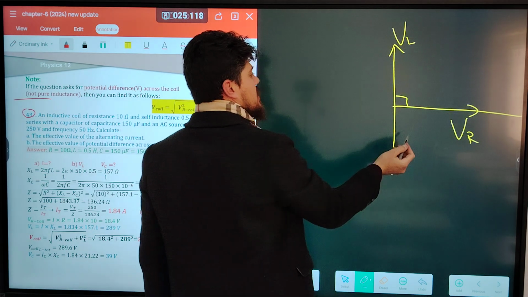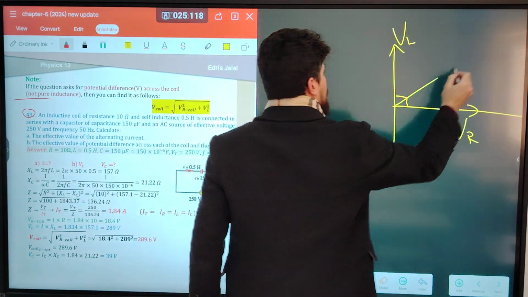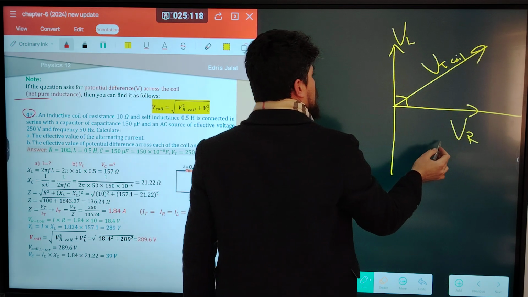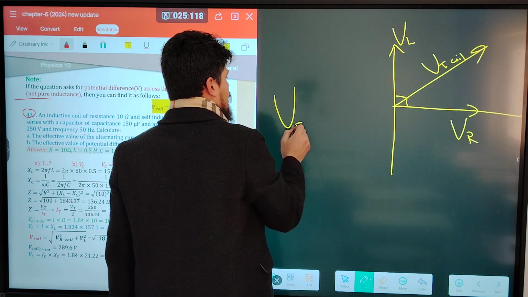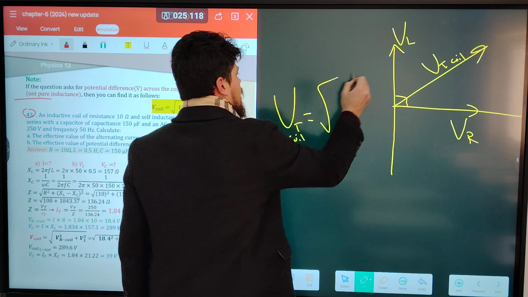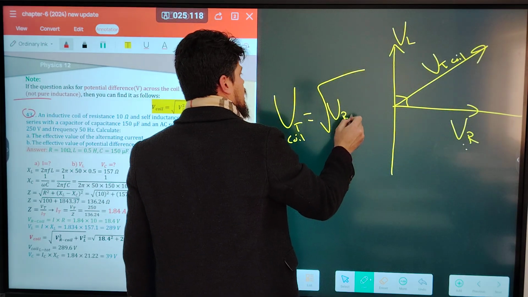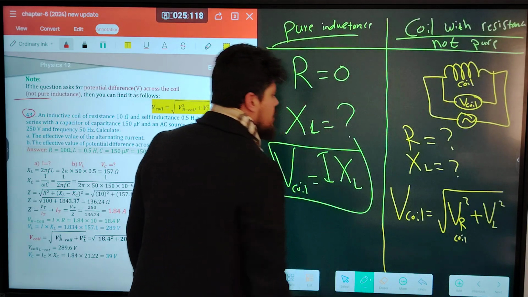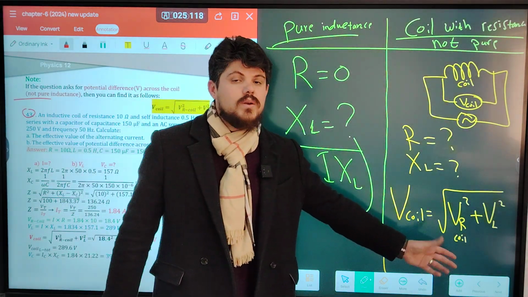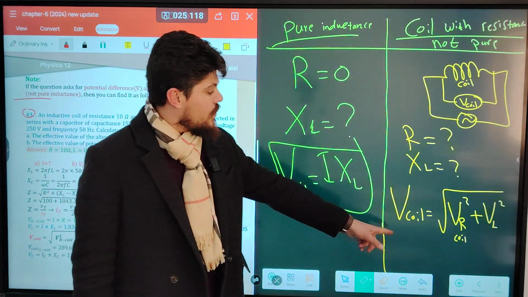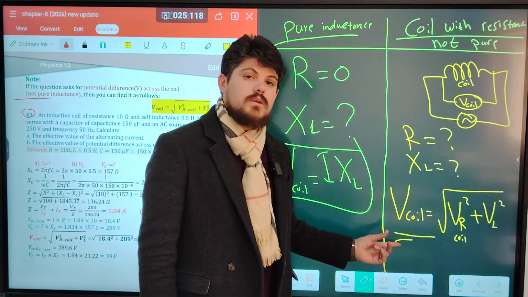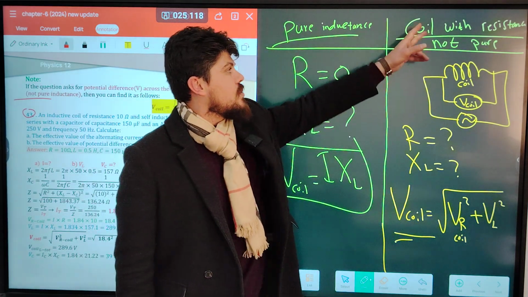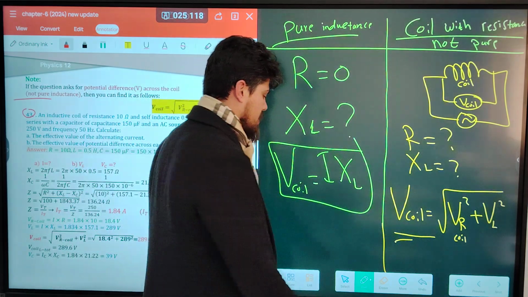What is the total potential difference between these two potential differences? V total, it means V coil. V total, which is V coil, is equal to the square root of VR square plus VL square. So this equation came from the Pythagorean theorem. When can this equation be used to determine potential difference across the coil? If the coil is not pure, if the coil has resistance.